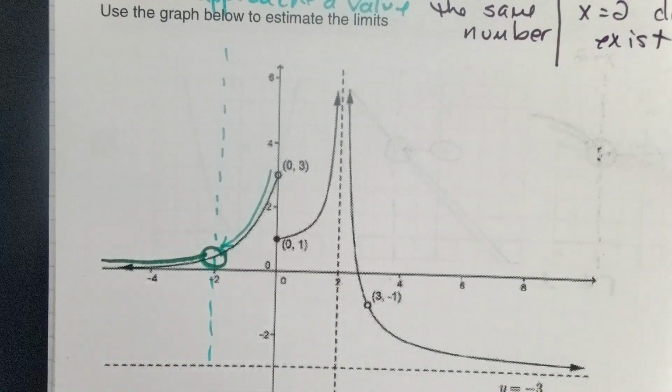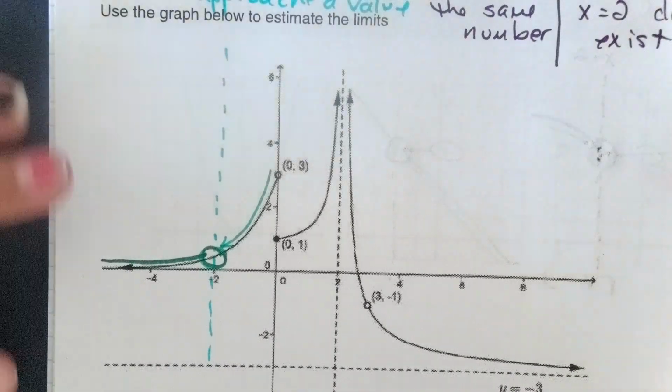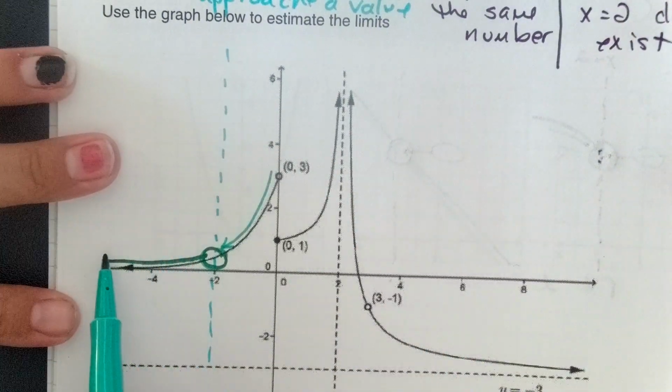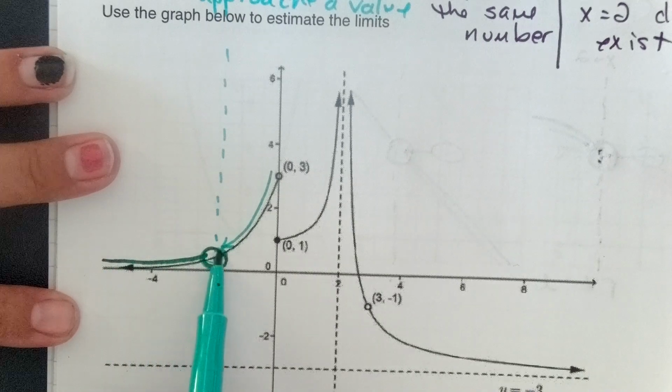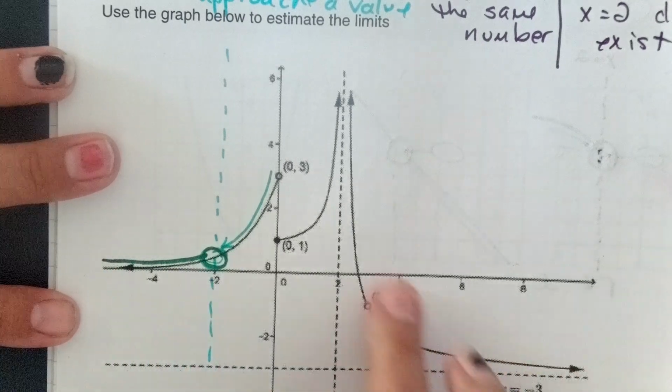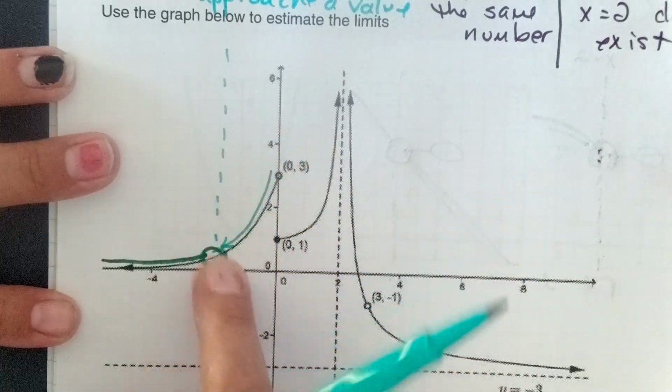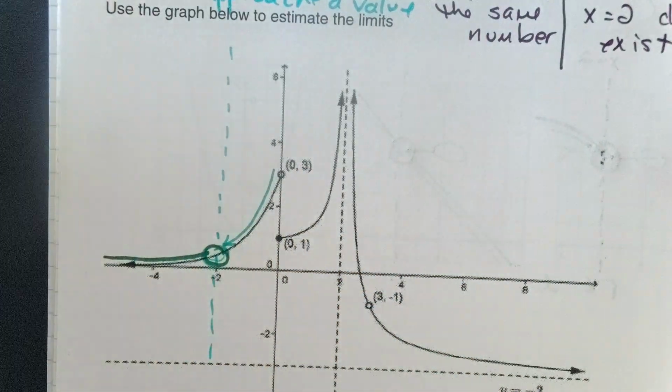Does it get to the same point? Have you circled the same number? Have I circled the same number? Somebody said no, somebody said yes. So let me do it again. So I go from the left and circle this point, right? I go from the right and I circle this point. Is that the same circle? Yes. Okay?